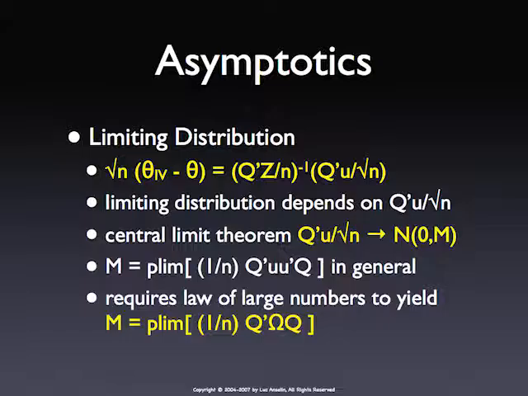So what is the trick? The trick is to come up with something that is called a limiting distribution. And a limiting distribution is something that we get by rescaling the estimator. The reason why we end up right on target is because this 1 over n, this averaging for very large numbers, gets us to the 0 for the correlation between the q and the u.